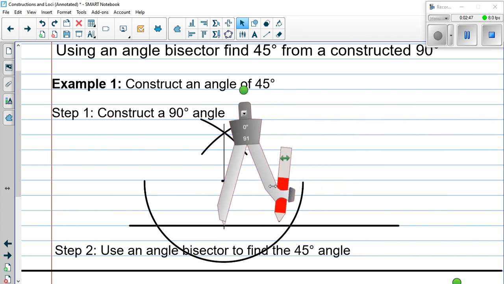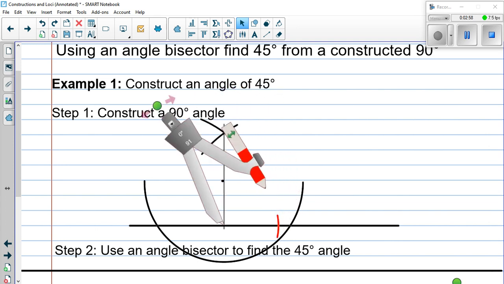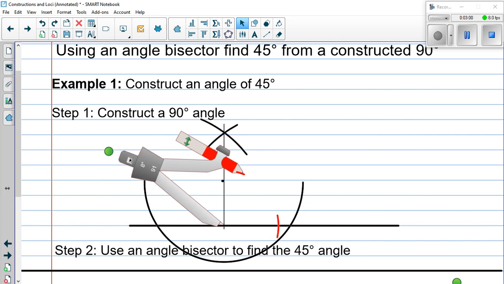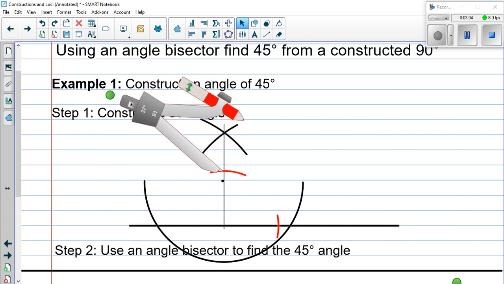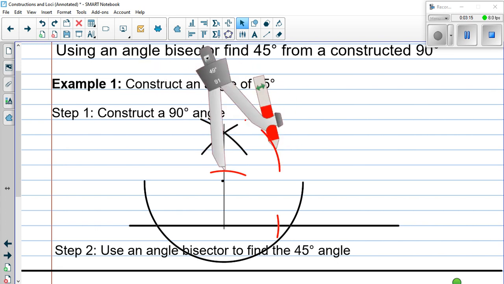So what do we have to do? Well, from here, we are going to mark a little arc on our page here. And then, similarly, on the line we just drew, we need a little arc on there. Okay? Then, keeping our separation distance the same, we are going to put our compass point on those new arcs that we drew, and draw a little arc over there.